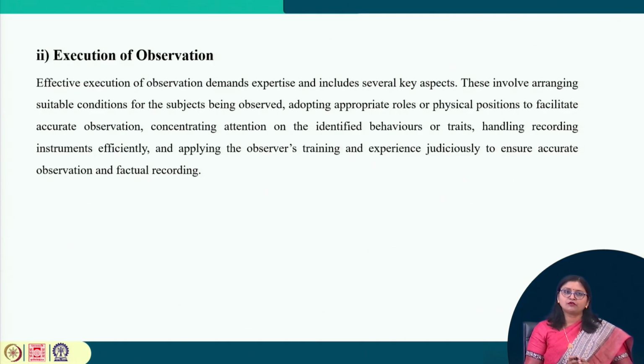Then the execution of observation. Effective execution of observation demands expertise and includes several key aspects.